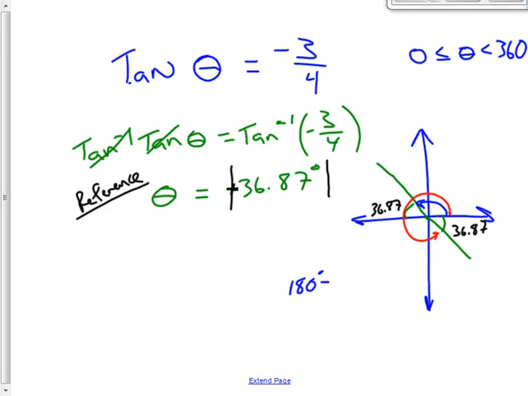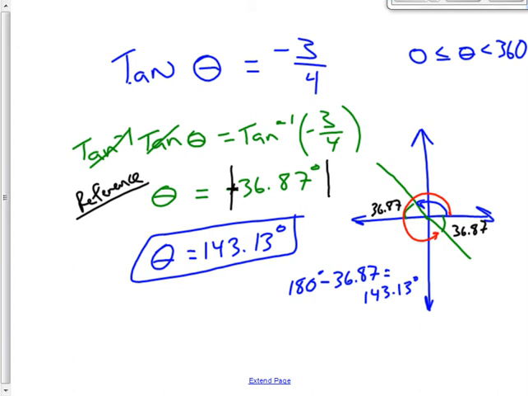Take 180 degrees minus 36.87, which gives me 143.13 degrees. So that's one of my answers.